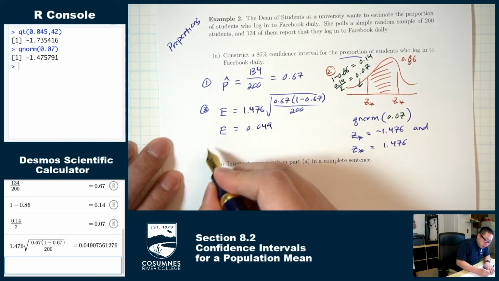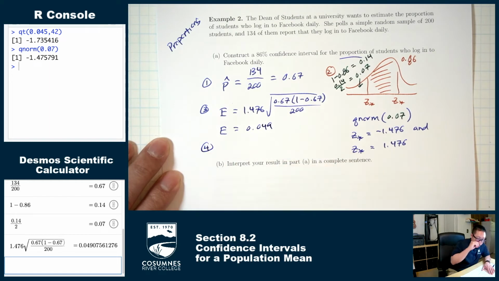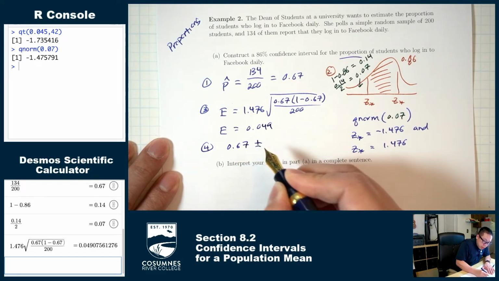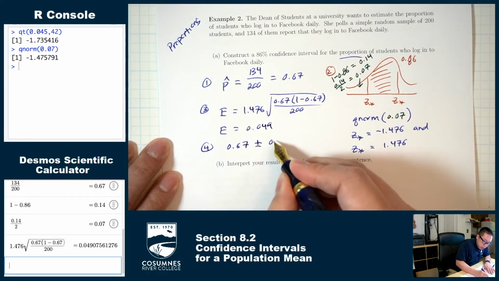And then last step, construct your interval. In this case, it's going to be p hat, which is 0.67, plus minus the margin of error, 0.049.